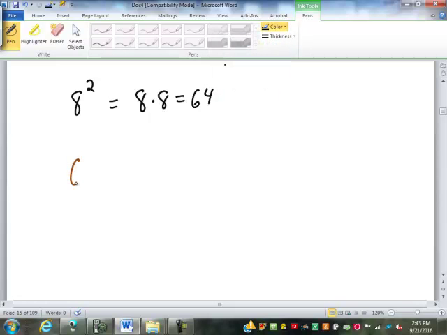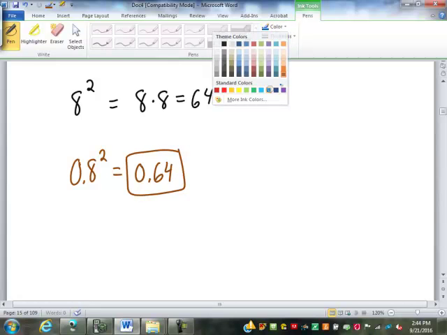So if we have 0.8 squared, what are we going to get? We want to jump out to say 6.4, but it actually comes out to be 0.64.